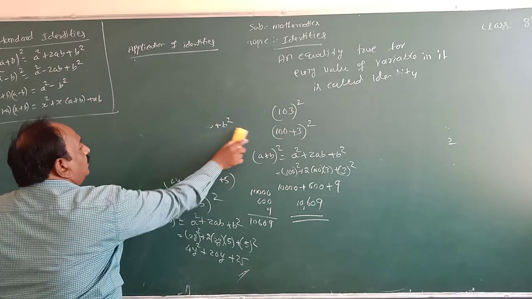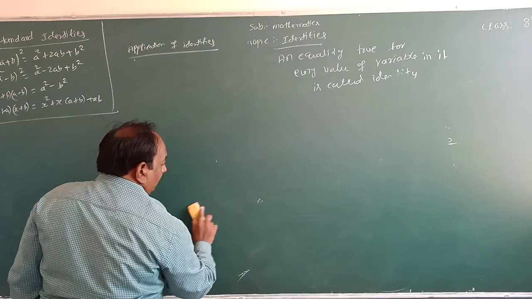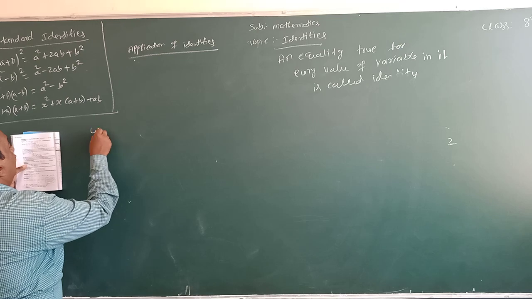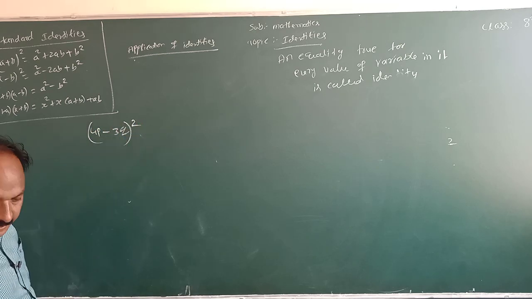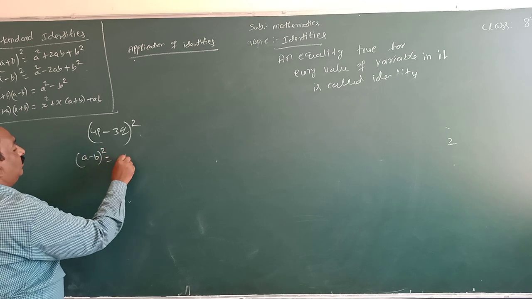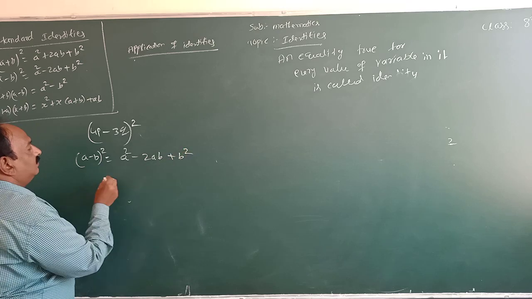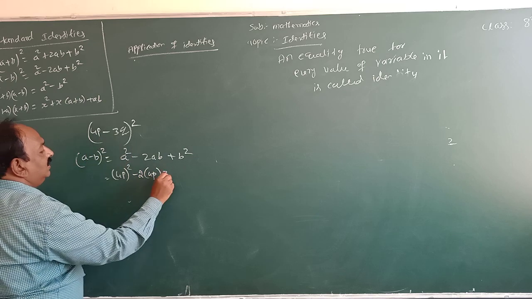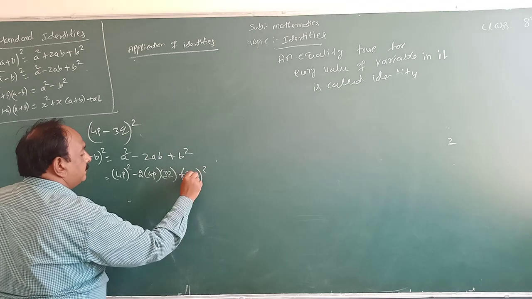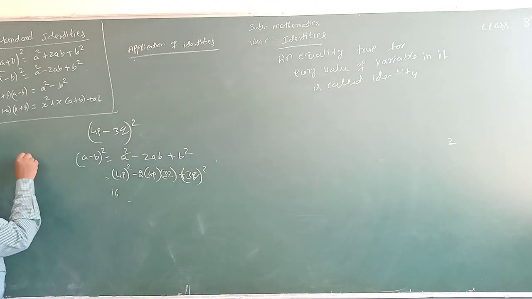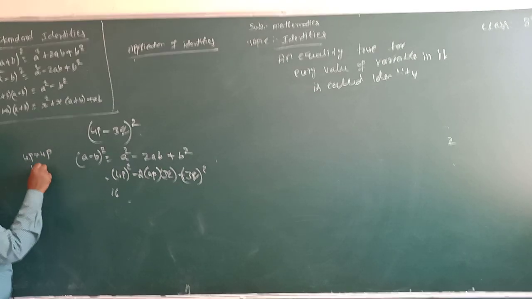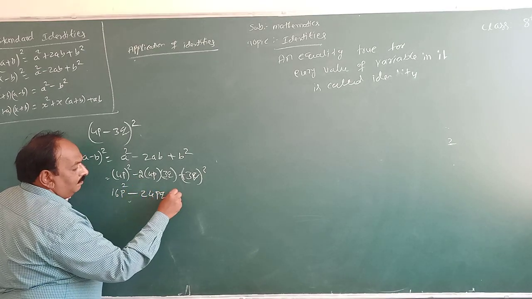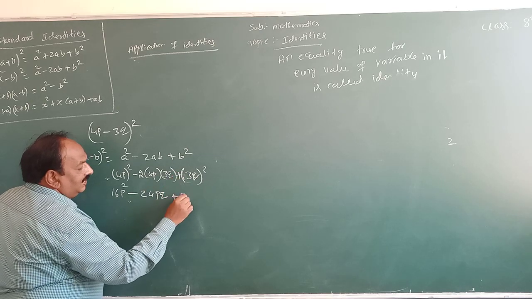Next, we will pass on to the expansion of (a - b) whole square. (4p - 3q) whole square. (a - b) whole square is equal to a square minus 2ab plus b square. a is 4p, b is 3q. 4 4s are 16, p square. 4 2s are 8, 8 3s are 24pq, plus 3 3s are 9q square.